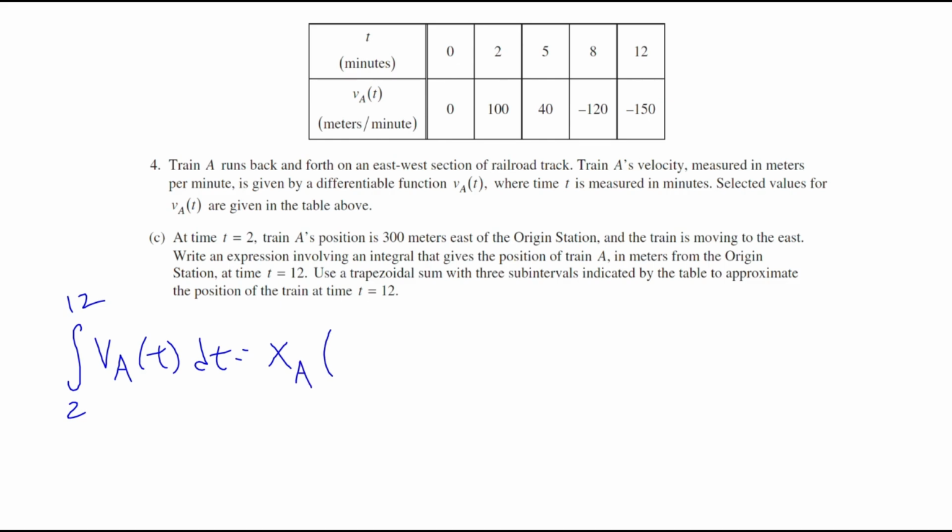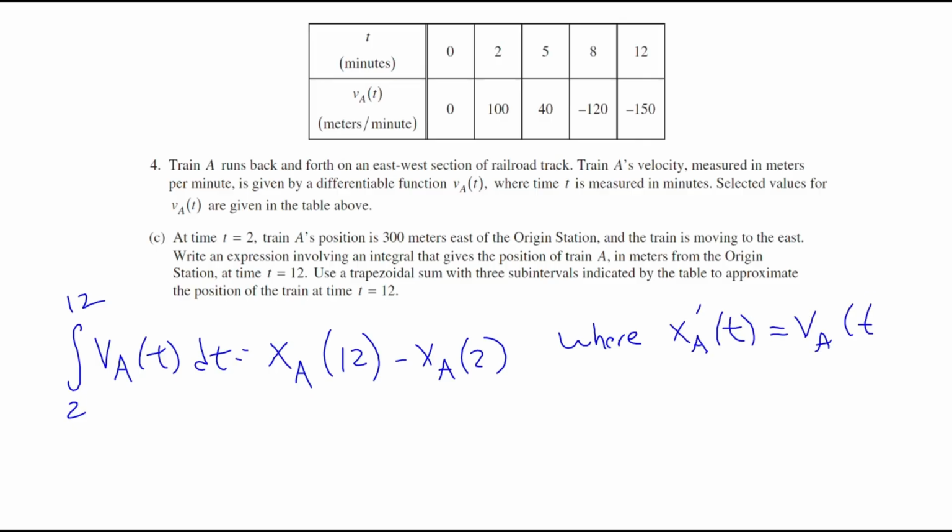It's equal to x sub a of 12 minus x sub a of 2, where we know that x sub a prime of t is v sub a of t. That's the position function. So that tells us that if we want the position at 12, just add the position at 2 to this integral.